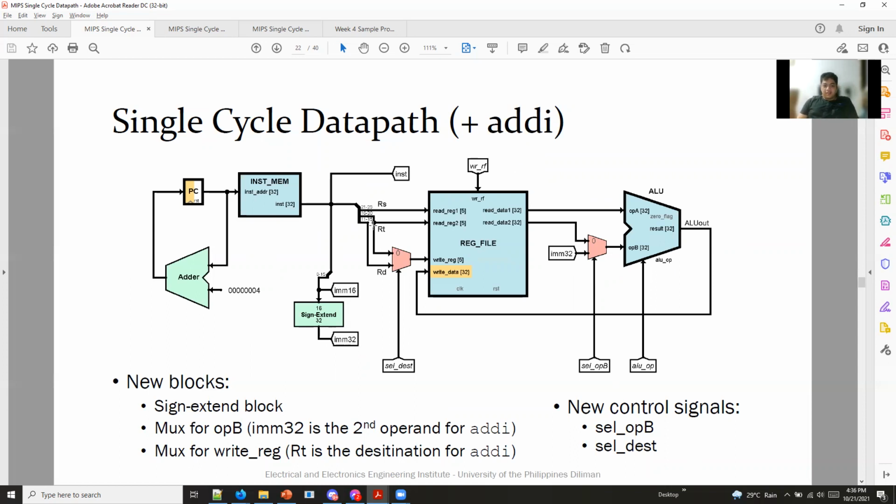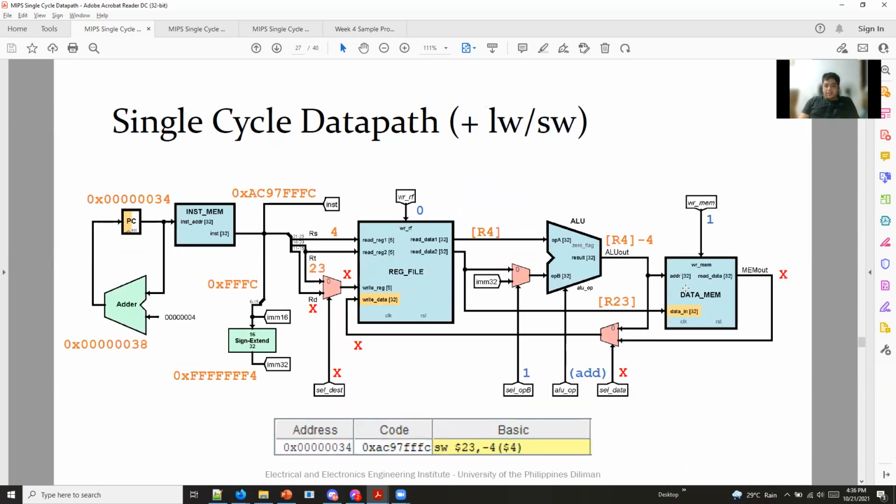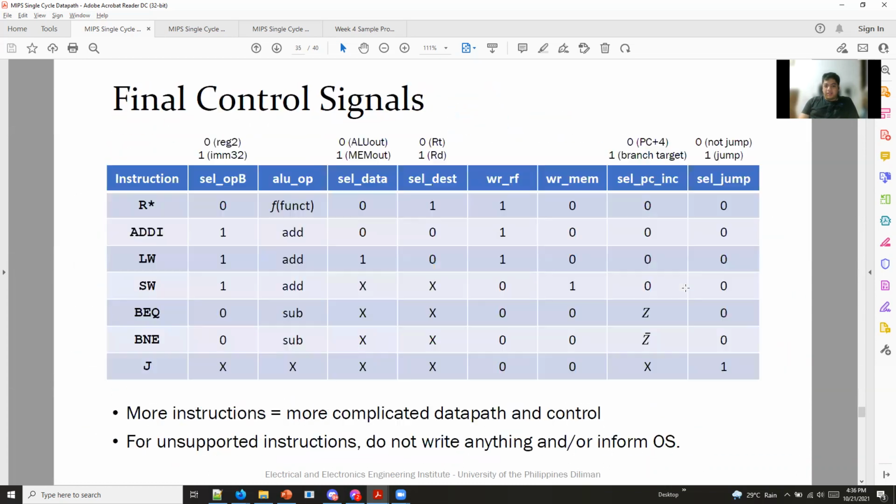And since si RT pwede siyang maging second register or yung right register, may multiplexer tayo ulit dito. So the more instructions na i-add mo, mas nagiging complicated yung data path. And ito yung summary din ng mga control signals natin per operation.